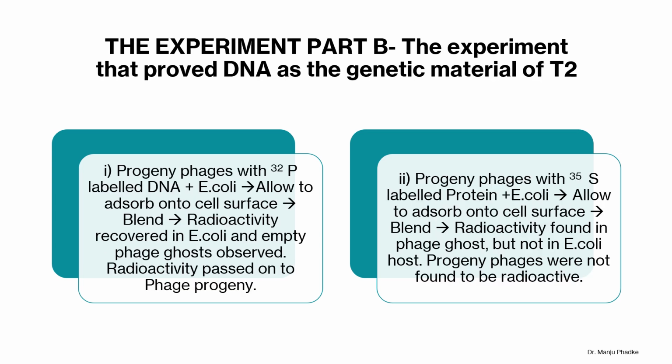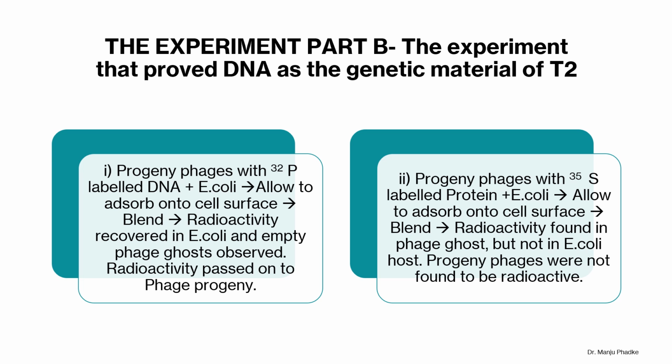Now coming to part B of the experiment, which proved that DNA is the genetic material. The progeny phages that contained radiolabeled DNA, which were obtained in part A, were mixed with E. coli and allowed to adsorb onto the cell surface.